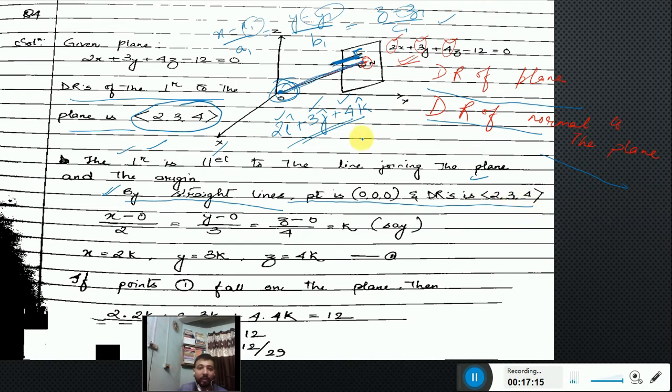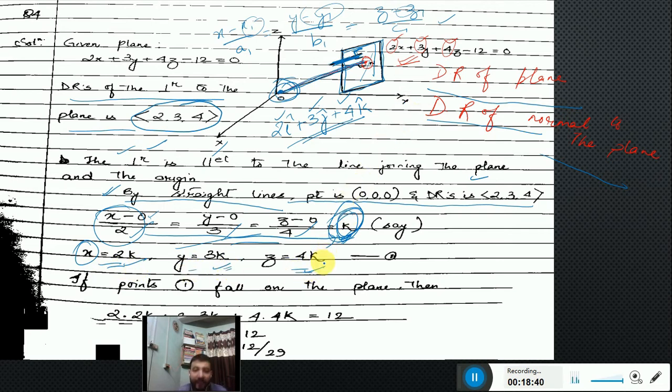So I will be using the equation of a line passing through one point and parallel to a given vector. So I will write like this. So this is the line equals k, right? Now why did I take it equal to k? Now see, when I equate this equation with k, I get x equals 2k, y equals 3k, z equals 4k.